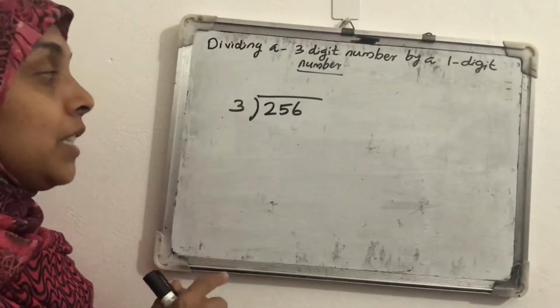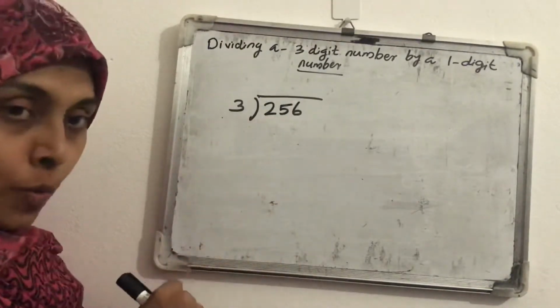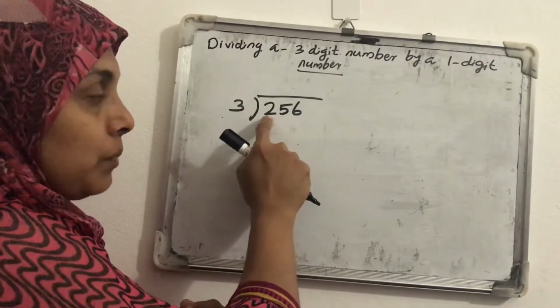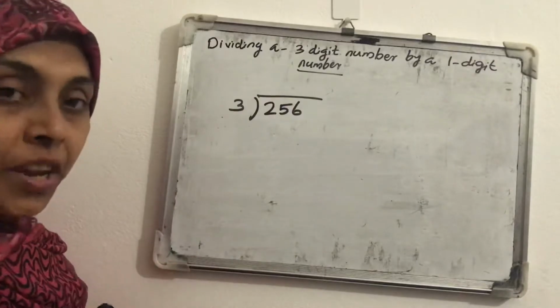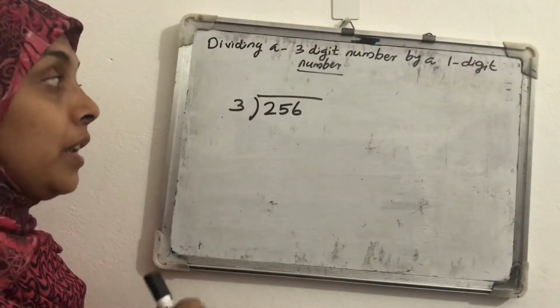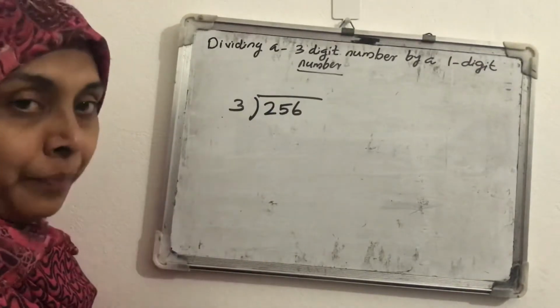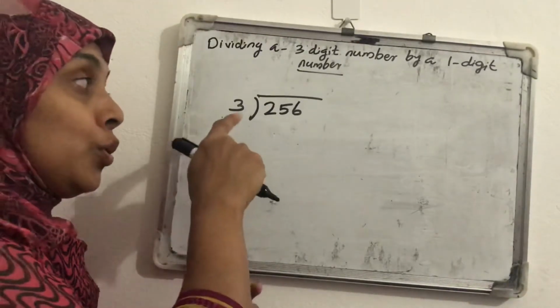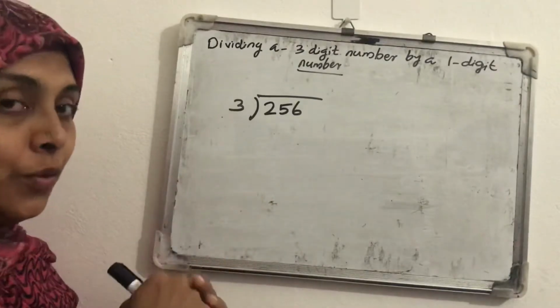Next, in this case, we take the next digit also, including the last digit and the next digit, the number will be 25. Then we are dividing 25 by 3. For that, we recite the table of 3 up to 25 or less than 25.